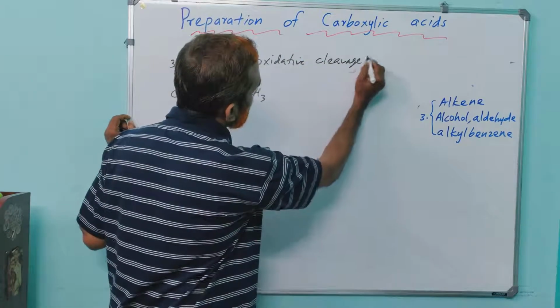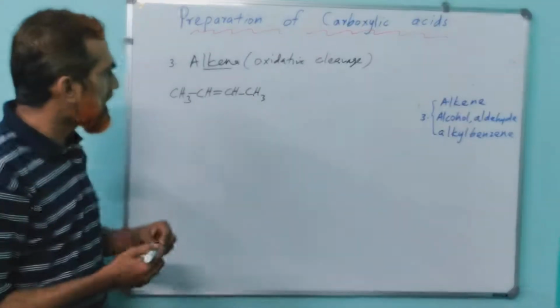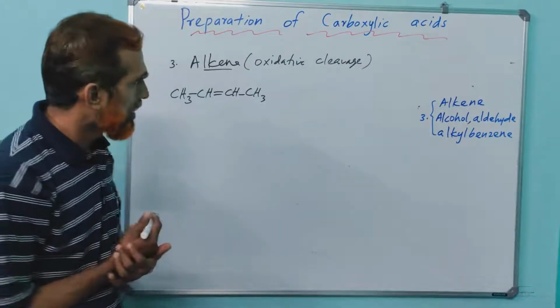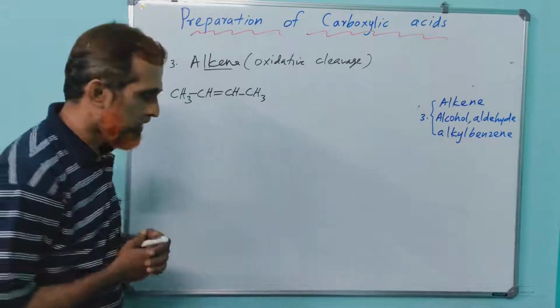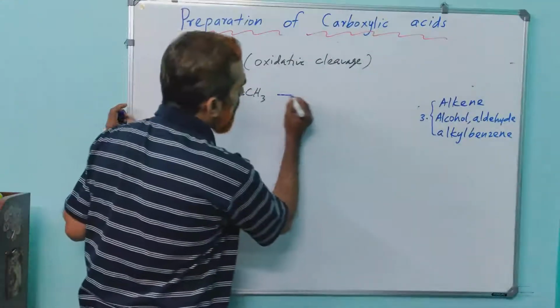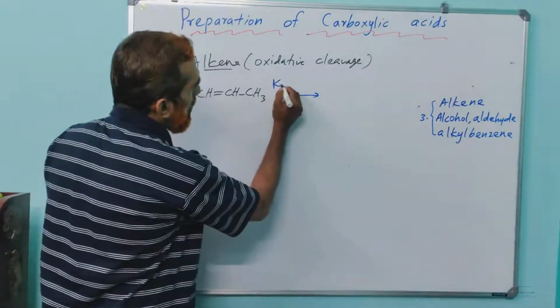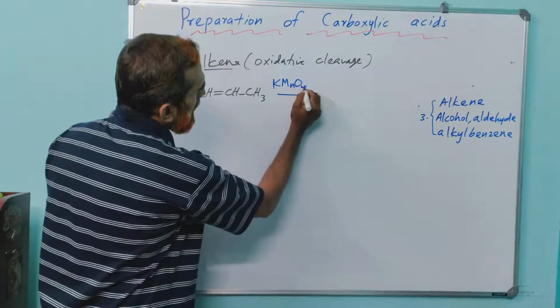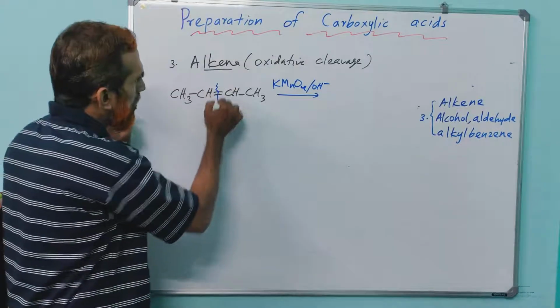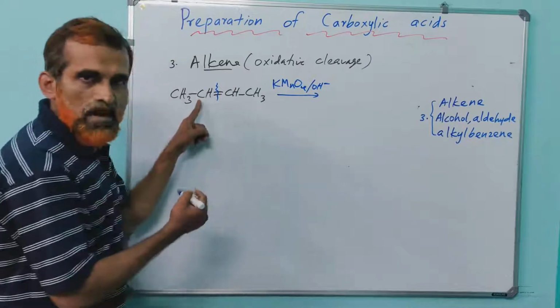What is the reagent used? This you learn in properties of alkenes, right? When you learn hydrocarbons. So what you do is you go for drastic oxidation using alkaline KMnO4. You know that alkaline KMnO4 is a very powerful oxidizing agent. What happens? This is broken and each end carbon becomes acid.